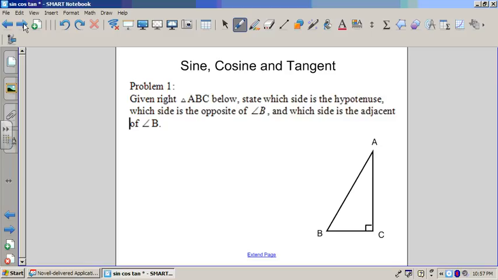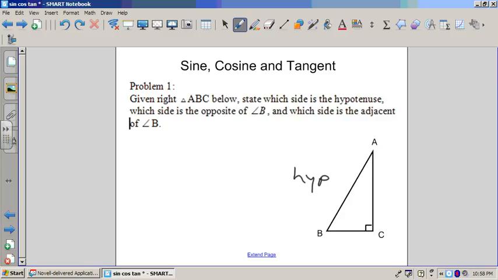All right, problem 1. I want you to try this one here in a minute. I'm going to tell you that we're looking at angle B. Tell me, according to this triangle, which one is the opposite, which one's the adjacent, which one is the hypotenuse. Let's pause our video and try it now. Okay, across from C, because C is the right angle, the one across from it is going to be the hypotenuse.